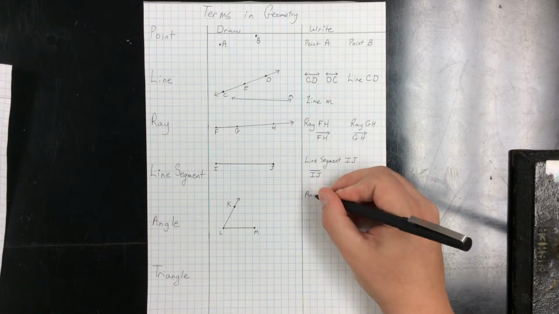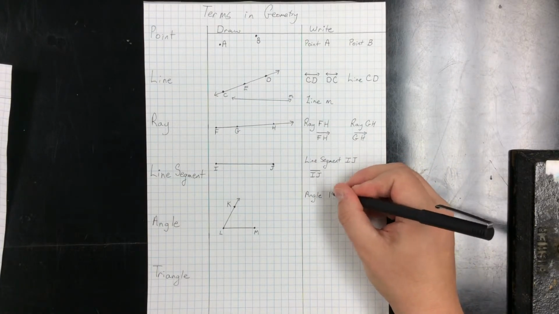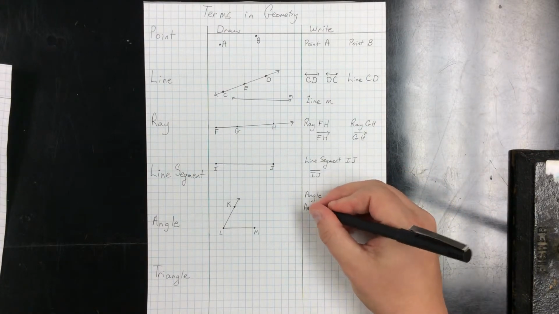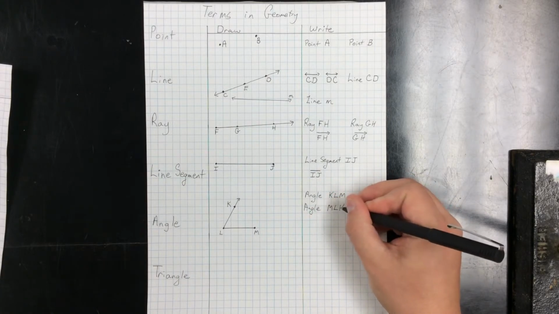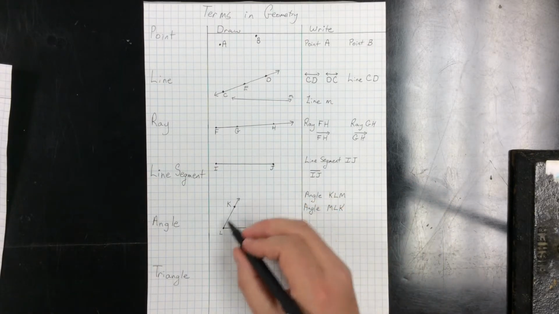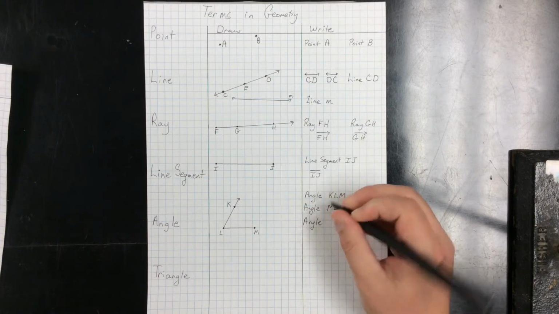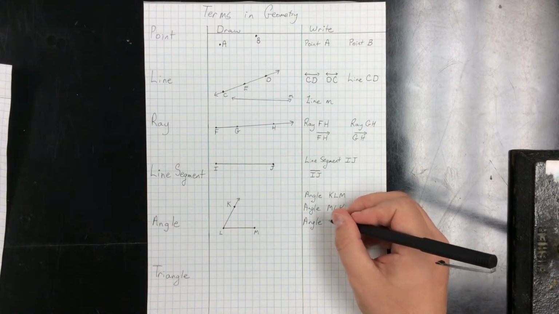It's definitely an angle. It could be angle KLM, or it could be angle MLK, or because it's a very simple angle and there's only one coming off, we could also just call it by the vertex, by the center, where the two lines join together, could call it angle L.